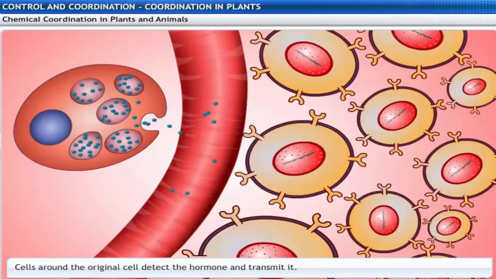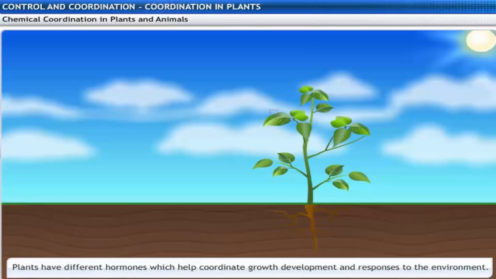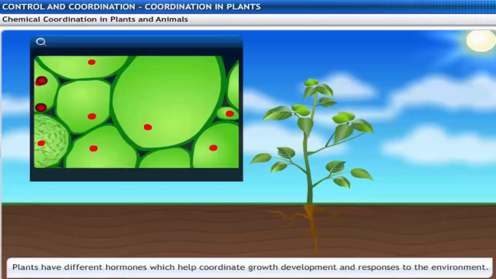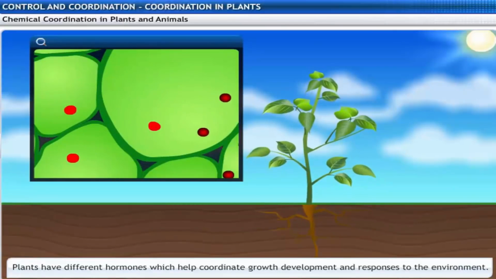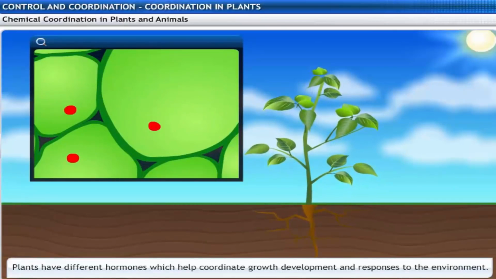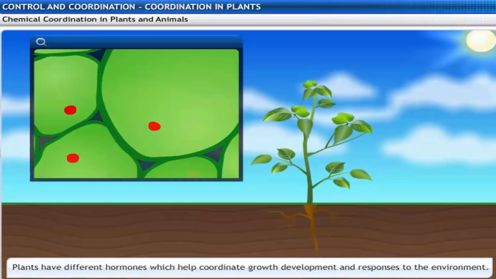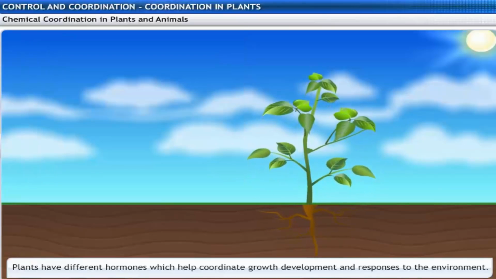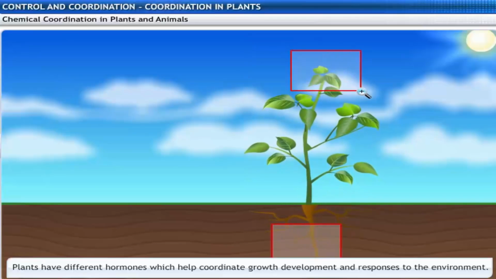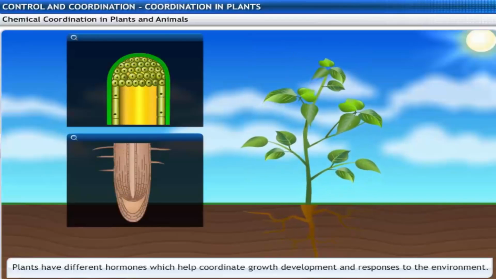This is a slower process but can potentially reach all cells regardless of nervous connections. Plants have various hormones which help to coordinate growth, development and response to the environment. They are synthesized at places away from where they act and simply diffuse to the area of action.